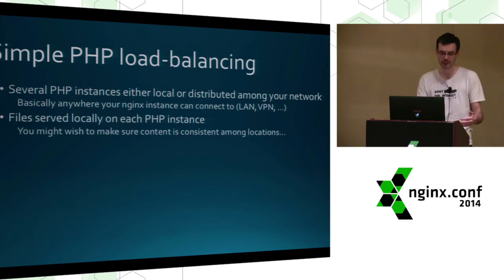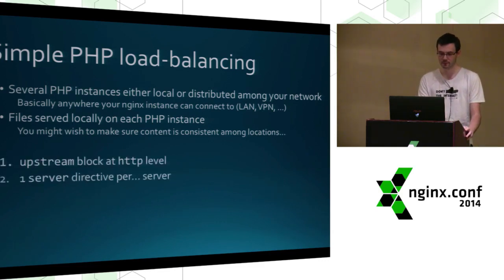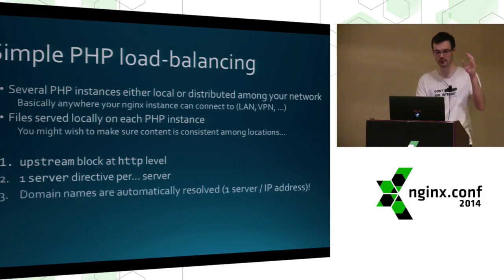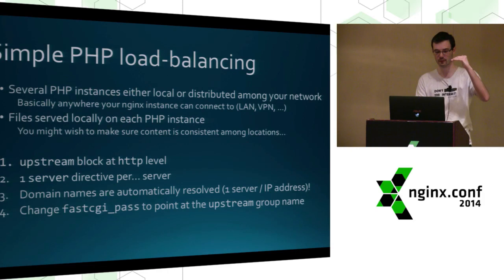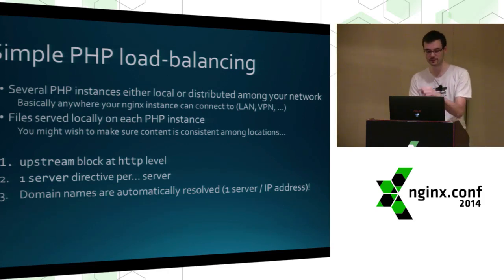Of course, the backend is a backend, so your file is executed contextually on each pool, so you need to check that every backend is configured nicely. So load balancing is pretty straightforward. Upstream block at the HTTP level, with one line of server directive per server. If you are using domain names and the domain name resolves to several IP addresses, you will end up with several servers.